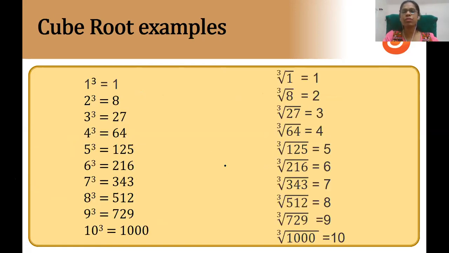Now we'll discuss the cube roots of some numbers. We have discussed the cubes of the numbers from 1 to 20 in the previous slide. The cube root of the same numbers: cube root of 1 is always 1, cube root of 8 is 2, cube root of 27 is 3, cube root of 64 is 4, cube root of 125 is 5, cube root of 216 is 6, cube root of 343 is 7, cube root of 512 is 8, cube root of 729 is 9, and cube root of 1000 is 10.